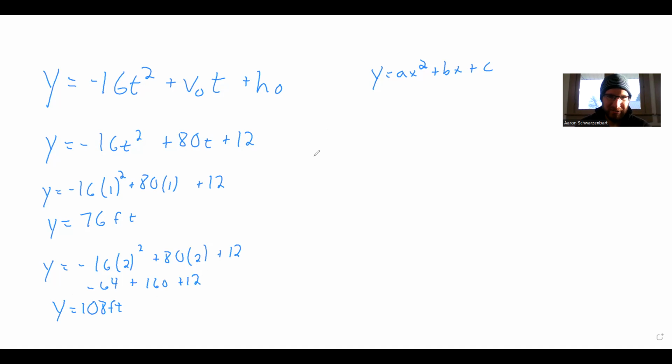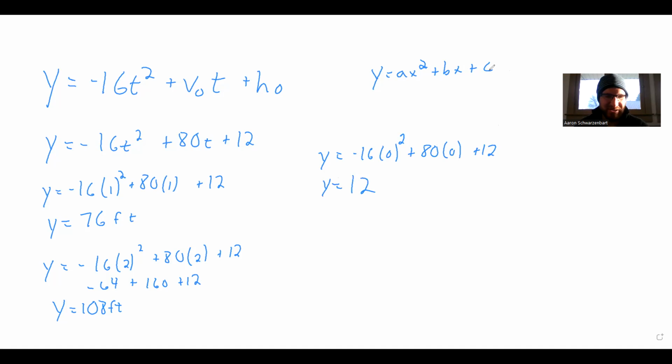If I want the y-intercept, I plug in 0, because the y-intercept on the y-axis has an x-coordinate of 0. And these two terms just become 0, and I'm left with 12. So C here on the standard form is going to be my y-intercept. So ax squared plus bx plus c.